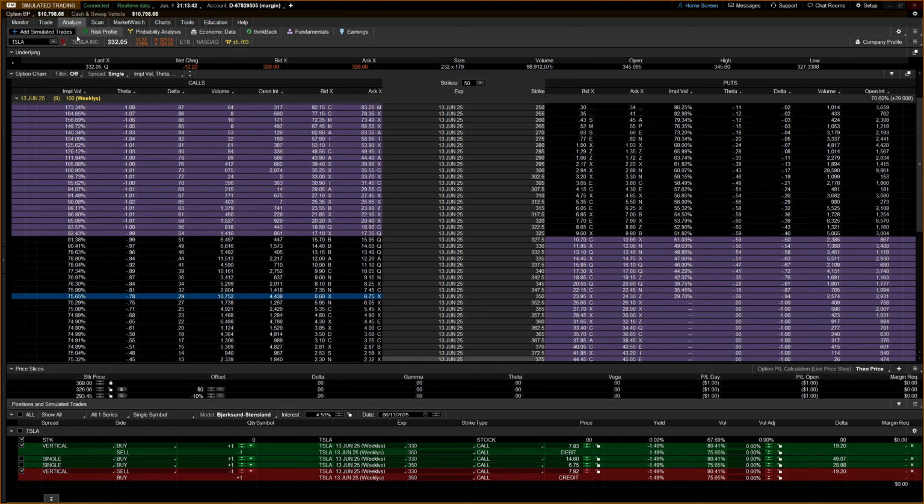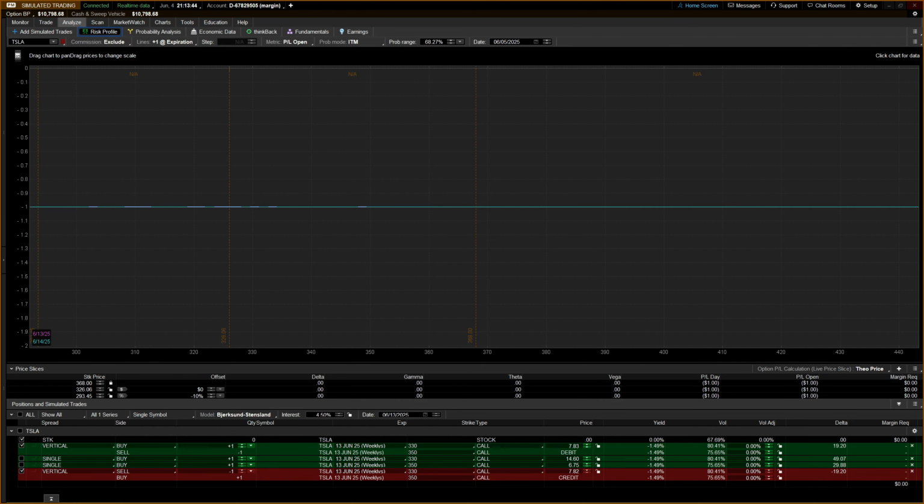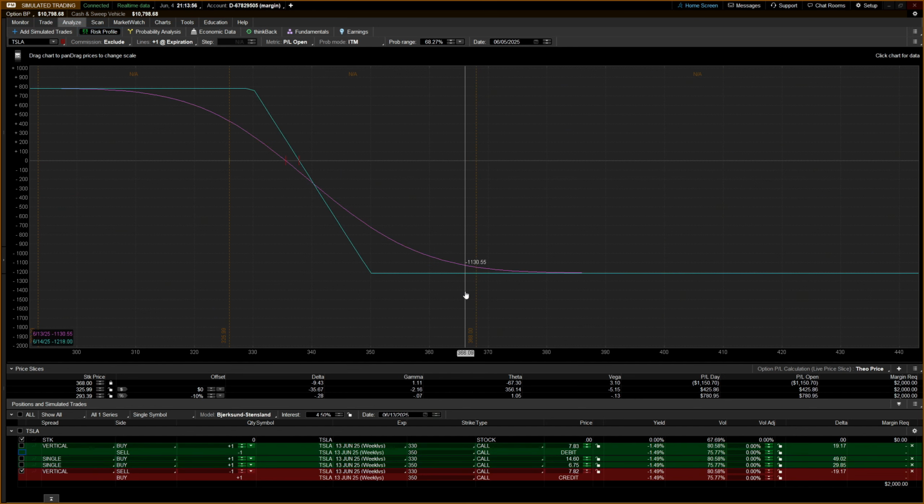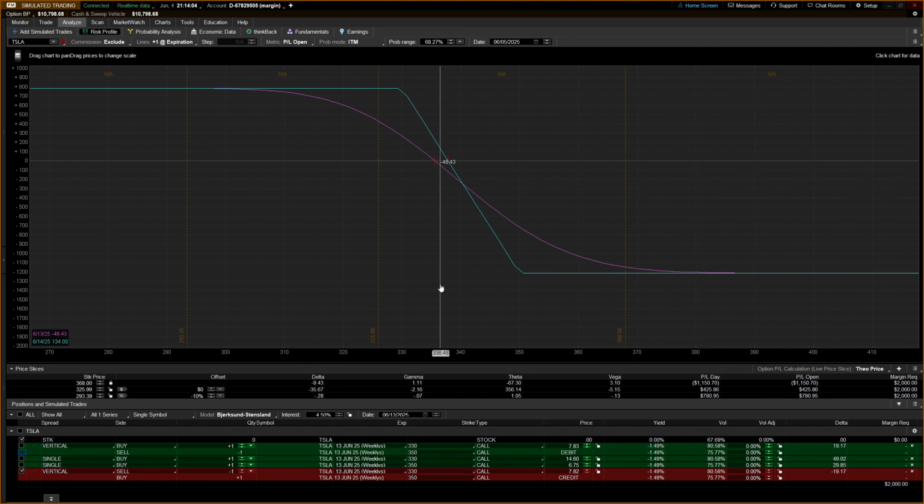Now with a credit spread, it's much different. With the risk graph here, now it's going the other way, right? So now the further down it goes, the more profit you collect, and the further up it goes, obviously, the less or none.